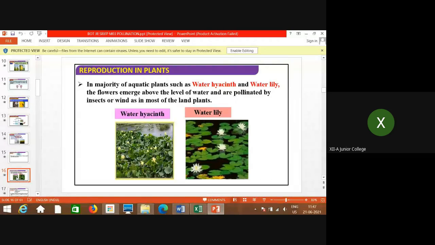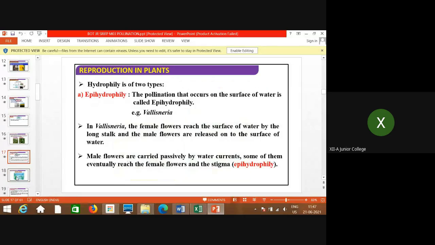No, they can be pollinated by wind or even by insects. So these are the examples. Now epihydrophily, the pollinating agent is water itself, but it takes place above the surface.